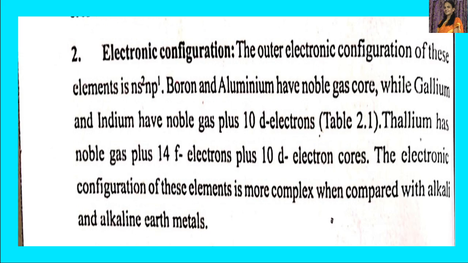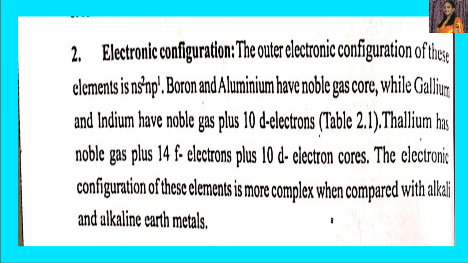Boron and aluminium have a noble gas core, while gallium and indium have noble gas plus 10 d electrons. Noble gas core means ns2 np6 configuration.